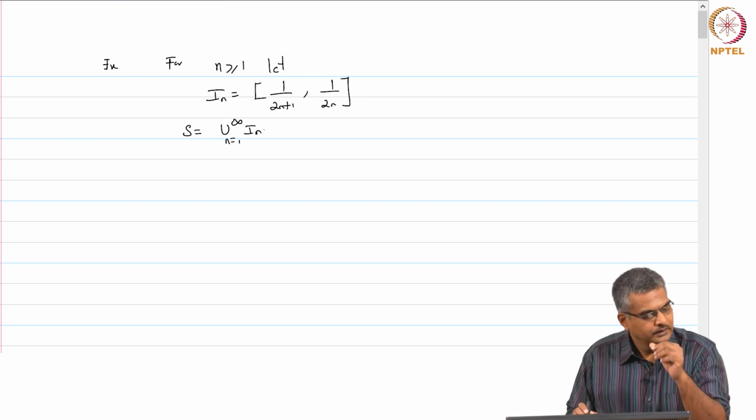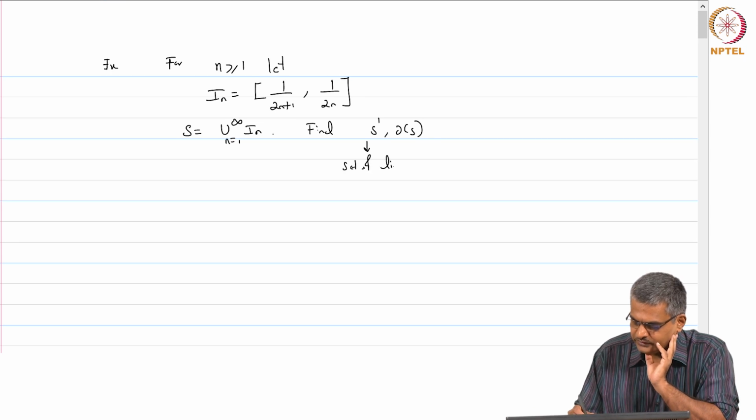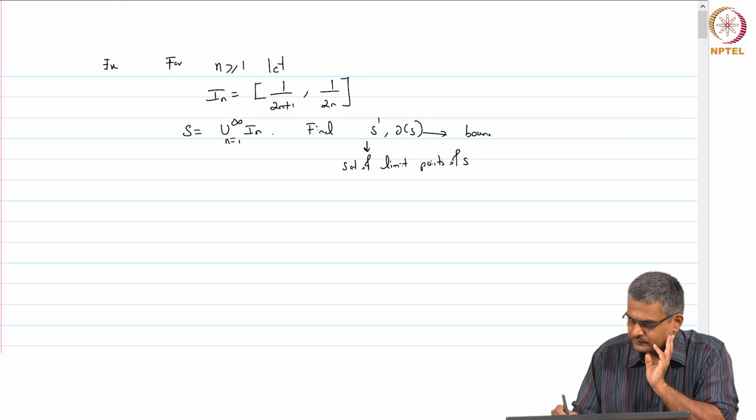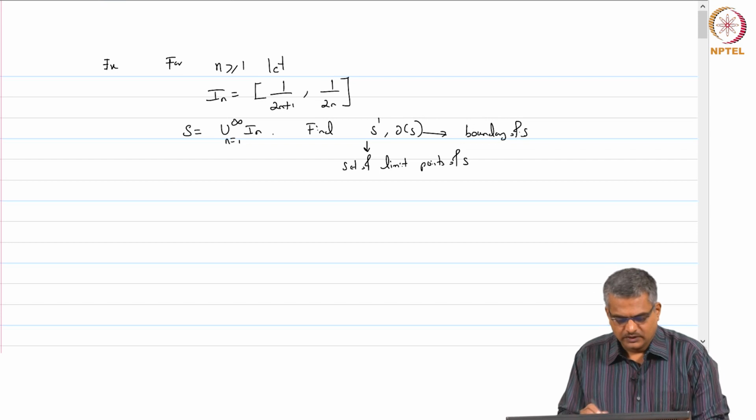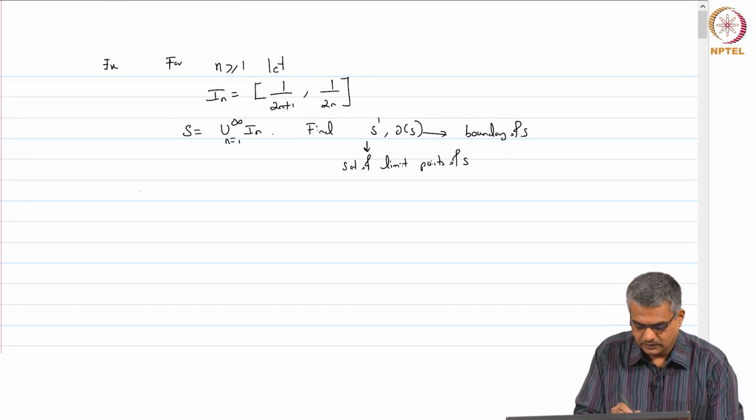So, we need to find S prime, the set of limit points of S, and the boundary of S. Let us enumerate, let us write down these sets for a few values of n.